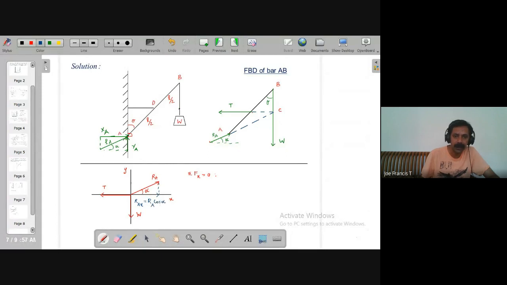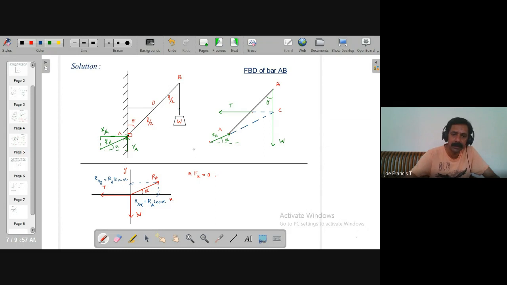You can also have a component of RA in the y direction. So you will get RAy, which is nothing but RA sin alpha. So you have two components, RA cos alpha and RA sin alpha.